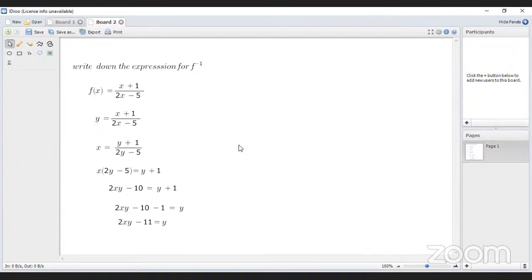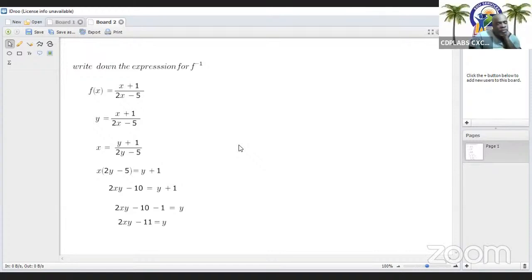No ideas? 2xy. Are we solving for y? We're solving for y. Okay.